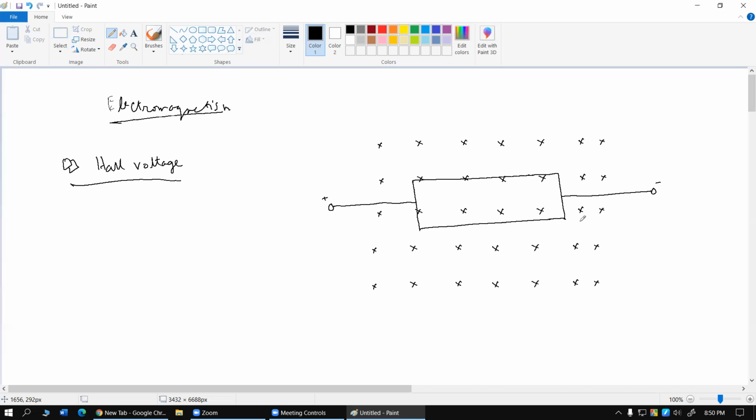As a result, electrons are going to start to flow in this direction. Electrons are going to flow through this conductor in this direction. As the electrons enter this strip, they're going to spread out and flow through the entire cross section of the strip.